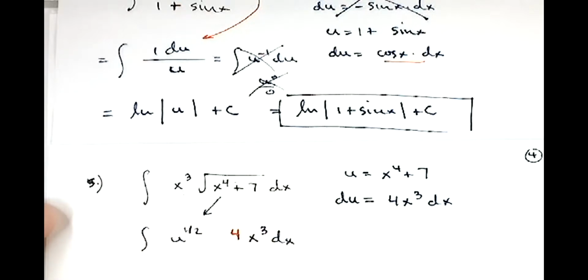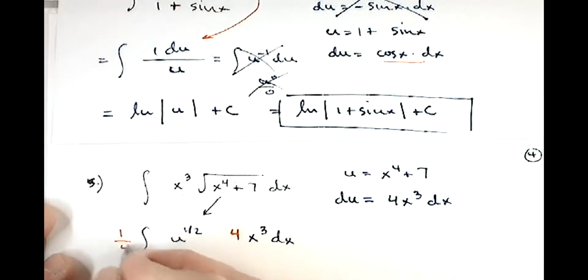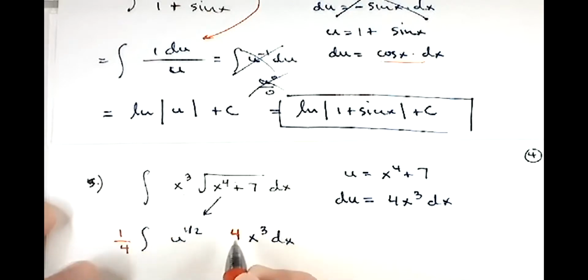There's my 4. Now, of course, we know you're not allowed to just put a 4 there. That's changing the problem. So I'm going to compensate by putting a 1/4 outside the integral, because remember, any constant can come outside. What is 4 times 1/4? It's nothing more than just 1, so I'm not changing the problem.